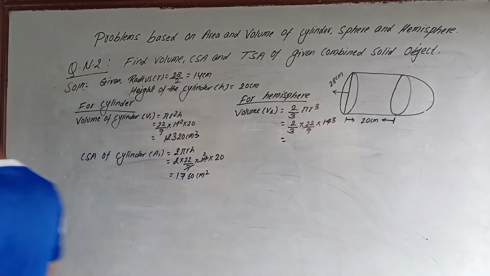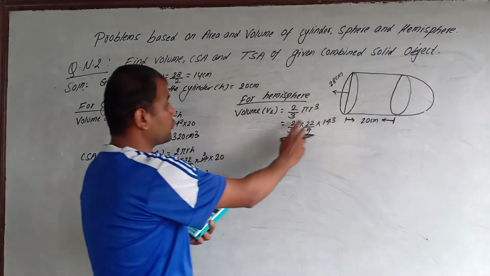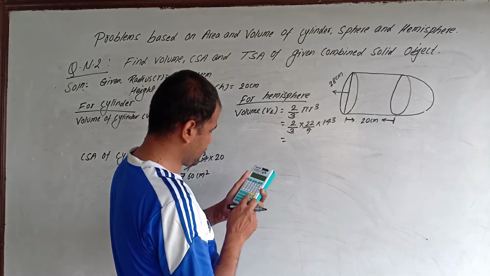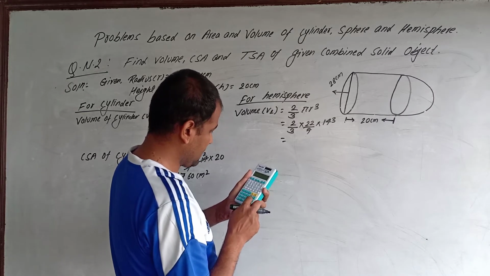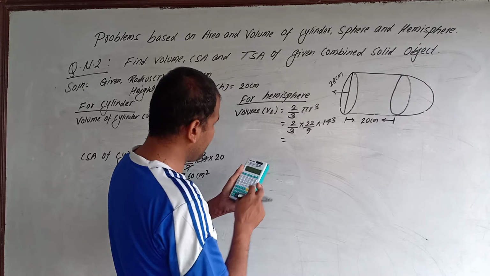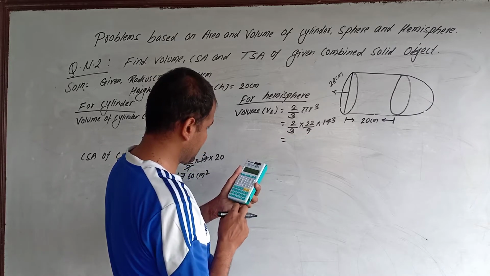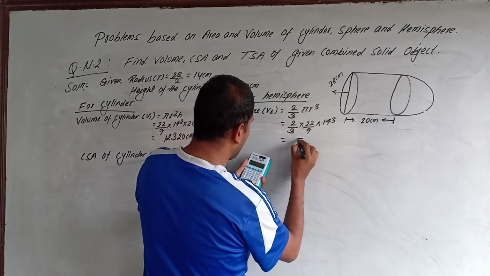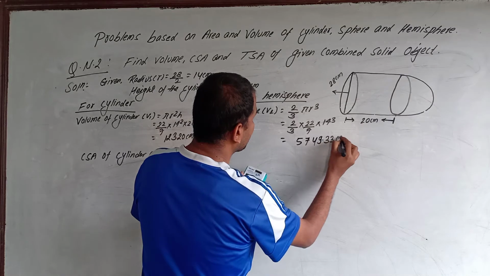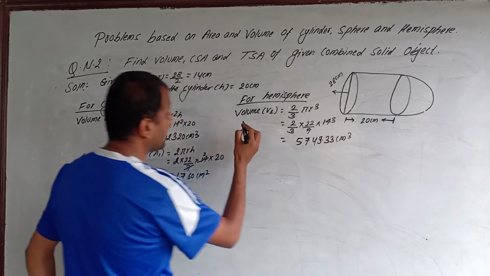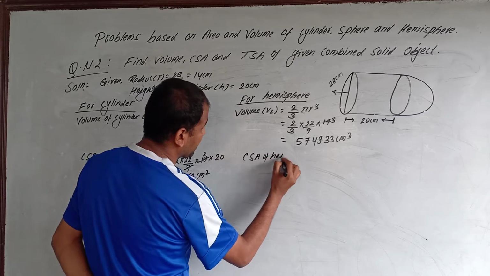That is equal to 2 into 22, 44 into cube of 14 divided by 3, 7 threes are 21, which is equal to 5749.33 centimeter cube.